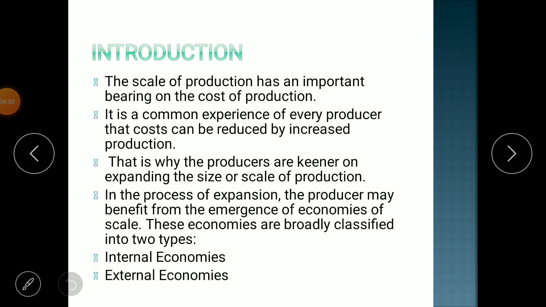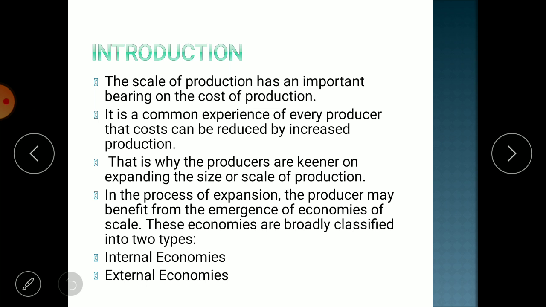It is a common experience of every producer that cost can be reduced by increased production. As I have told you earlier, when you increase your production, your per unit cost will reduce. That is why producers are keener on expanding the size or scale of production.